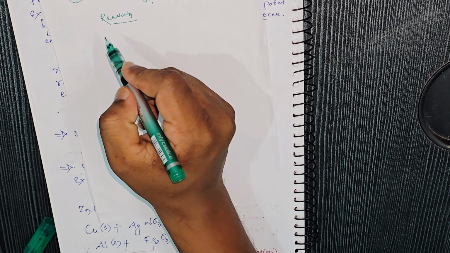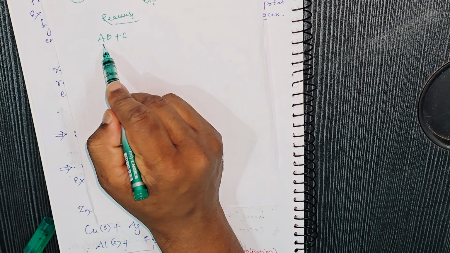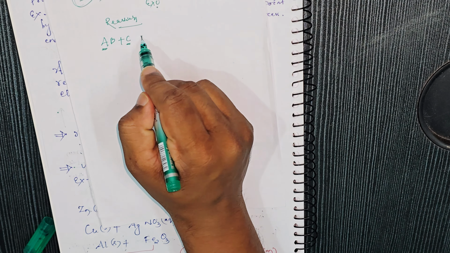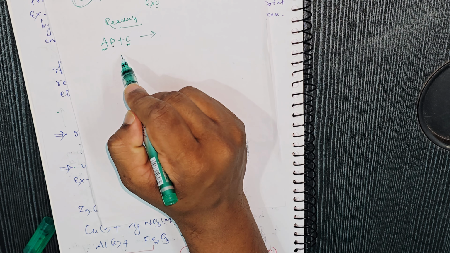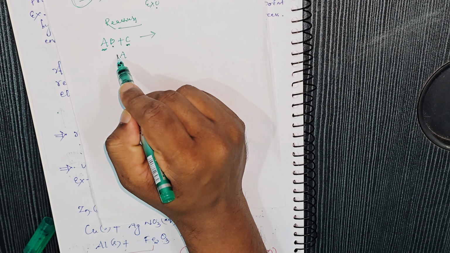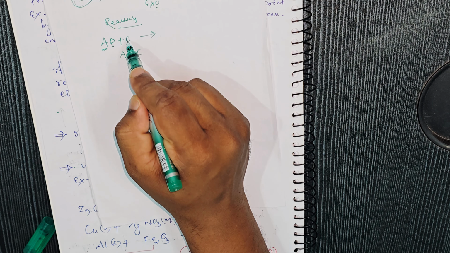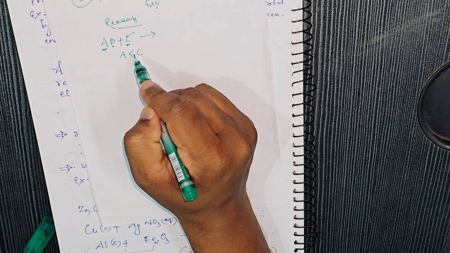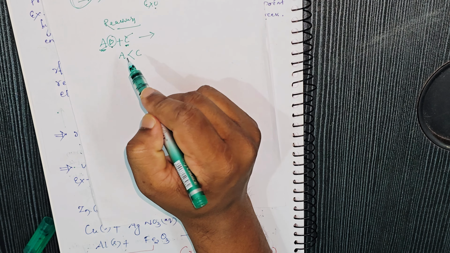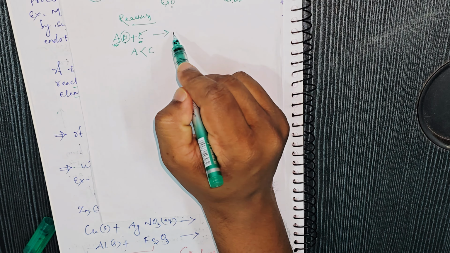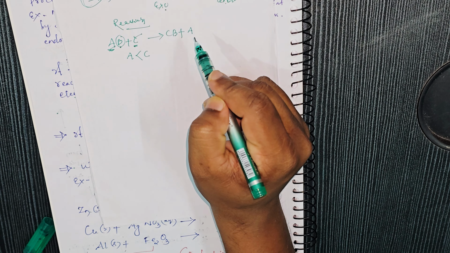Let's say I am taking A, B and C. A is a metal, C is a metal, but C is alone and A is with B. Now if I compare A and C, if C is more powerful than A, then C has more ability to make a bond with B as compared to A. That means B will come to C. It becomes CB, and then A will be alone.